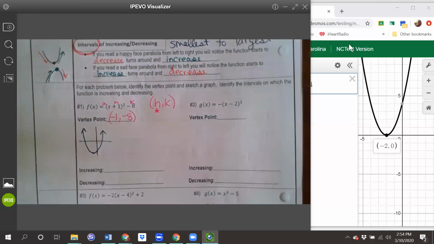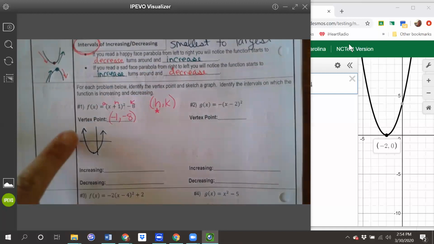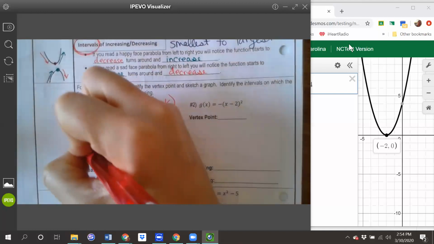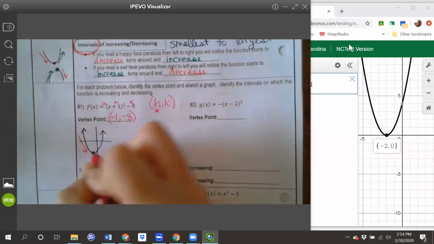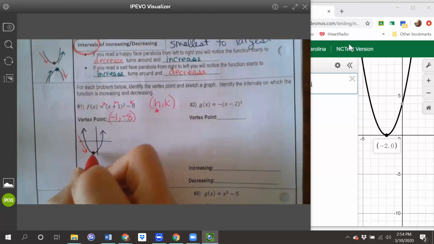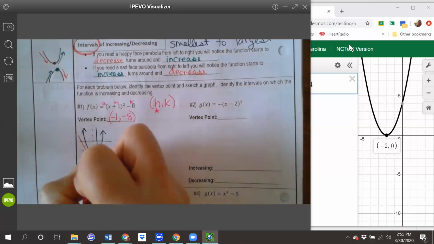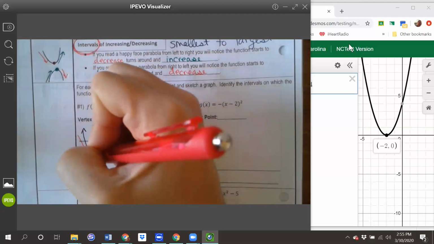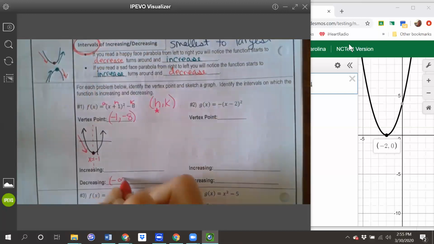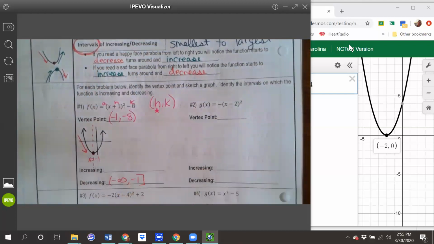All right, so as I start on the left, my graph is going to be decreasing all the way down to this x value, which is -1, right? That is the axis of symmetry, -1. So that means that we are decreasing from -infinity all the way to where x is -1.